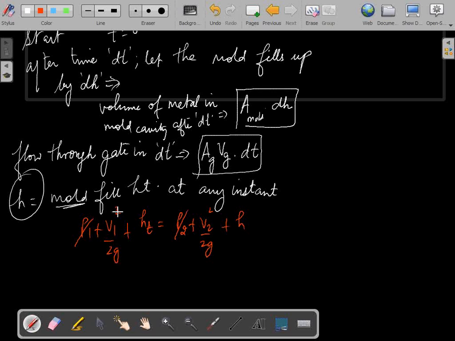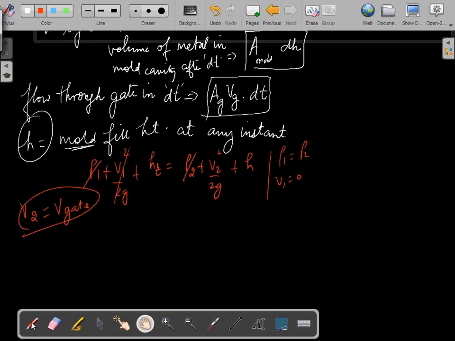The velocity at the top of the molten metal, that is at the top of the pouring basin, is 0. So V1 is gone. So P1 is equal to P2 and V1 is 0. Now the velocity 2 is the velocity of the gate. The velocity with which your molten metal is rising in the cavity is the velocity of liquid coming through the gate. So this is V gate.